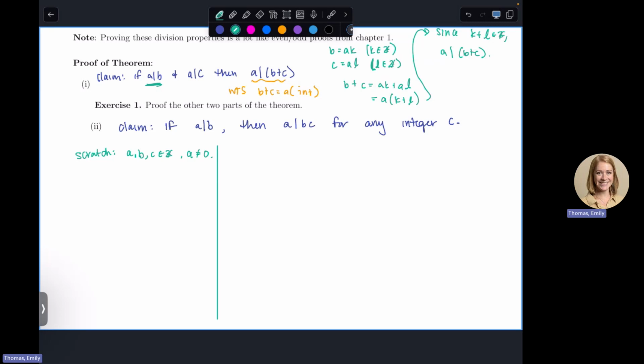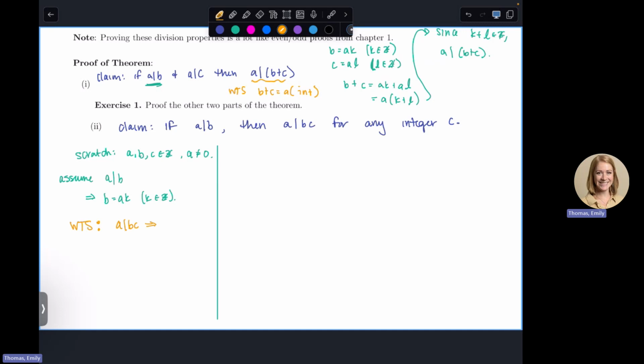What do we get to assume? Yeah, we get to assume that A divides B, right? And what that means by definition is that B equals A times K for some integer K. What are we trying to show? That A divides BC, right?